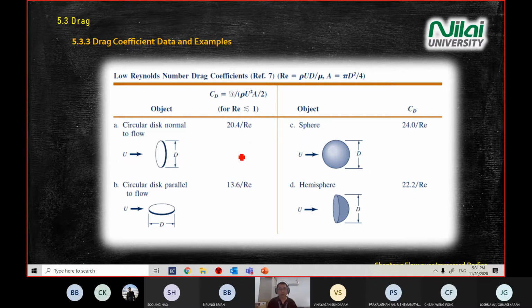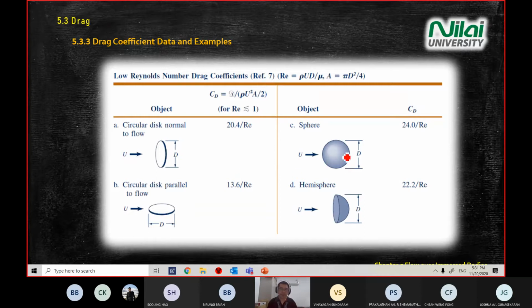So for example, you calculate the Reynolds number. Again, just a reminder for your final exam: most of the time you need to start with the Reynolds number calculation. Calculate the Reynolds number first, using the equation given, then look at the scenario you need to use. If the Reynolds number is less than 1, straight away you refer to this table and the individual setting.